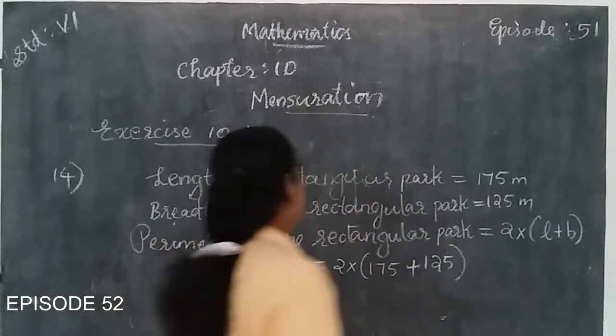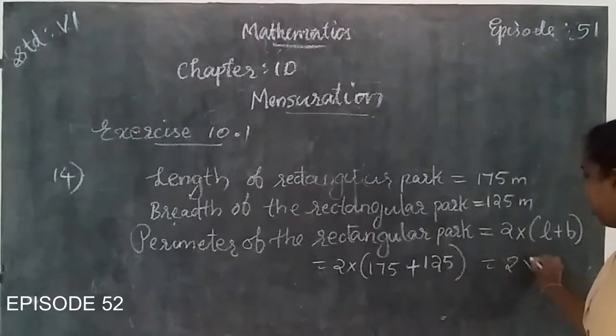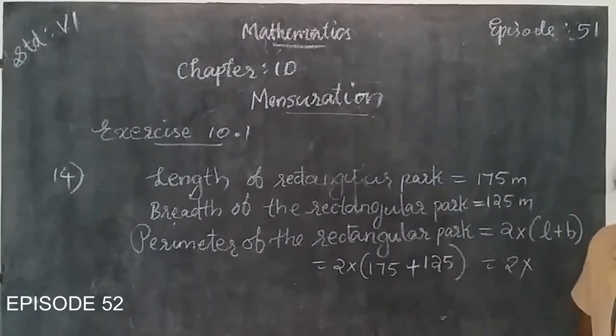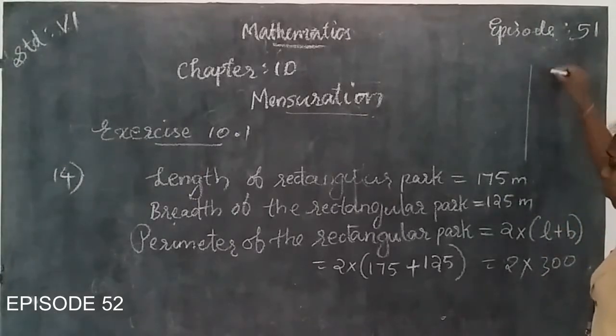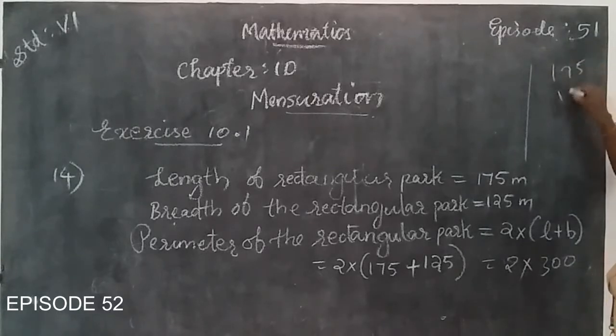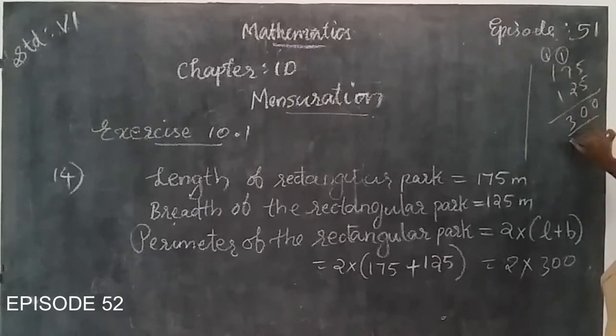So 2 into 175 plus 125. You add 175 plus 125 in your margin: 5 plus 5 is 10, remainder 1; 7 plus 2 is 9, 9 plus 1 is 10, remainder 1; 1 plus 1 is 2, plus 1 is 3. That's equal to 300.